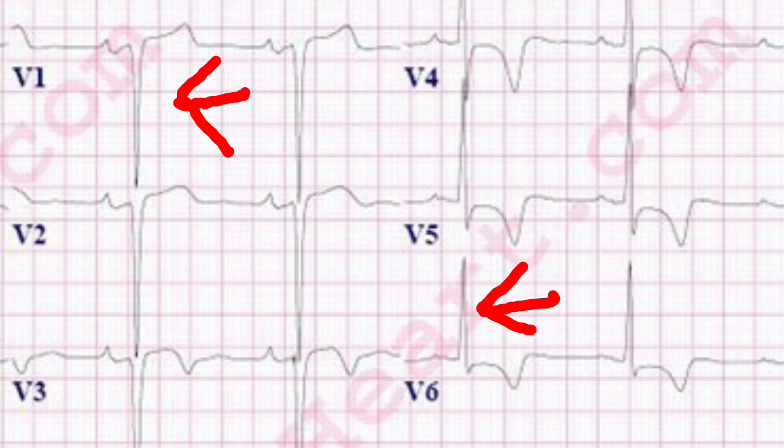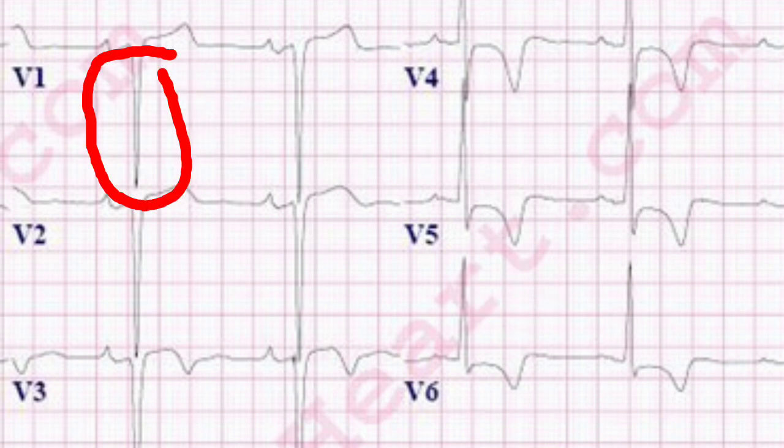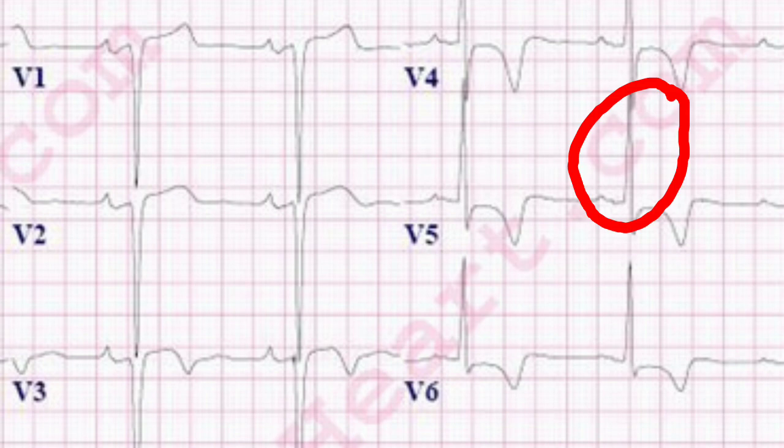If there is a deep S wave in lead V1 or V2, we will calculate its depth in millimeter by using small and large boxes, because the depth of a large box is 5 millimeter. Then we will select the R wave from V5 or V6, whichever has got a taller one.